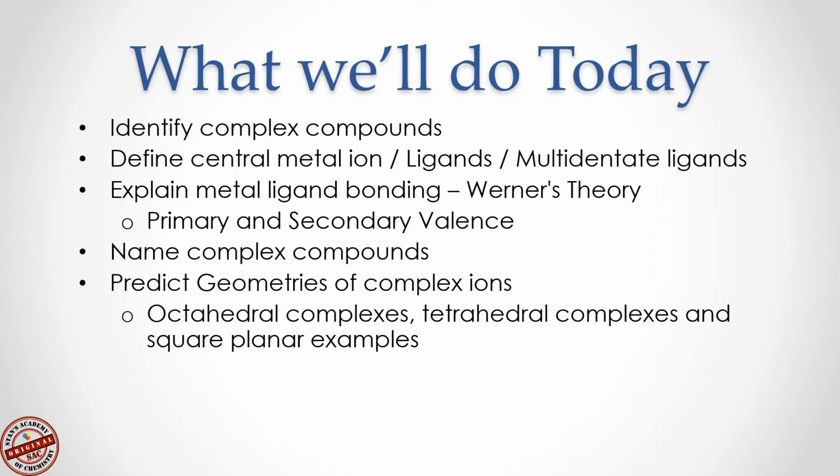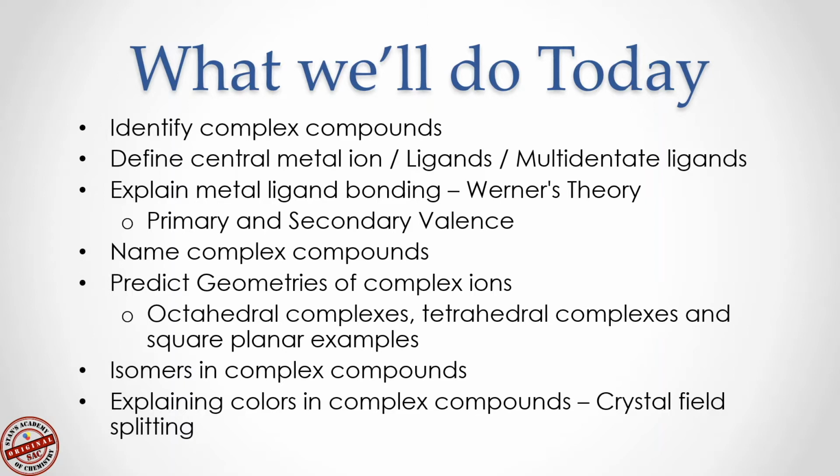Here we are going to look at octahedral complexes, tetrahedral complexes, and square planar complexes. Those are the 3 types of shapes you will be seeing. We will also cover some isomers in complex compounds and the impact on the color of these compounds. We can use crystal field theory to explain how these compounds exhibit different colors in aqueous solutions. Those are the things in the first PowerPoint that we will be doing, and if we have time, we will try to get into the second PowerPoint. That's the intent.